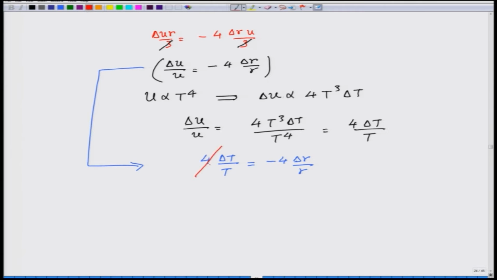This 4 cancels, and I get delta T over T is equal to minus delta r over r.